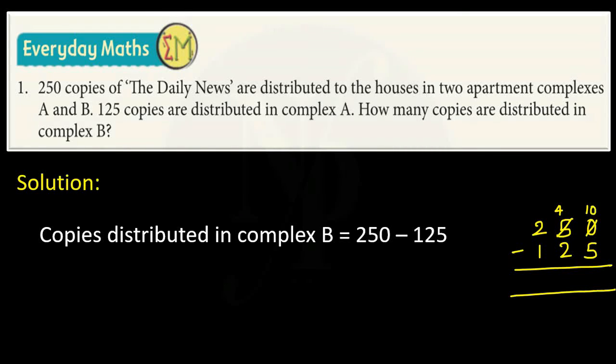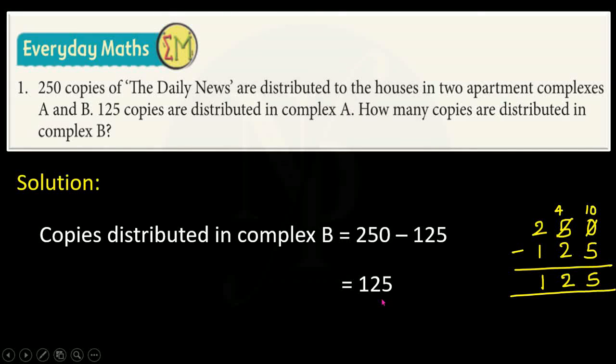Subtract 5 ones from 10 ones to get 5 ones. On subtracting 2 tens from 4 tens, you will get 2 tens, and subtracting 100 from 200, you will get 100. 125 is the required answer for this question. That is, the number of copies distributed in complex B is equal to 125.